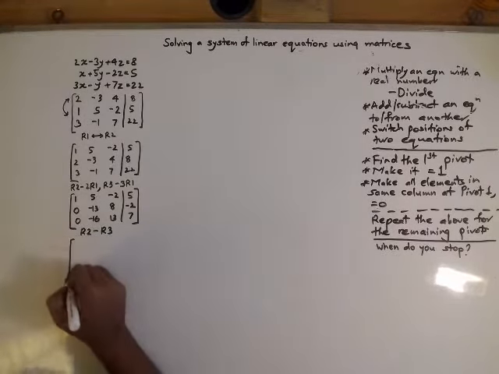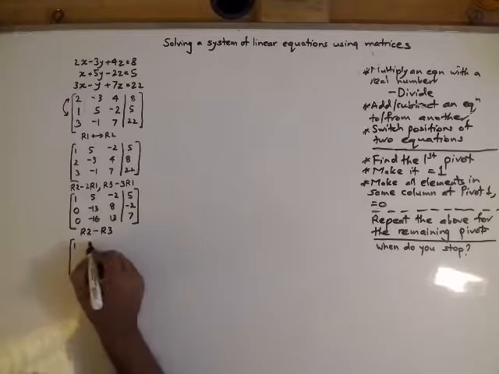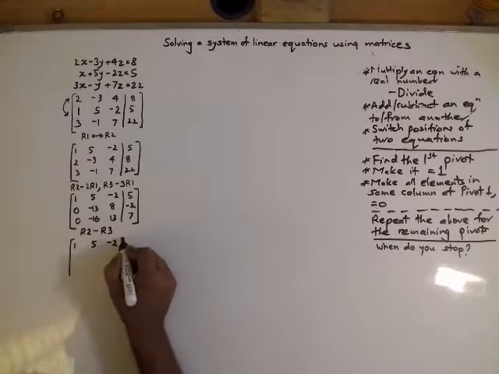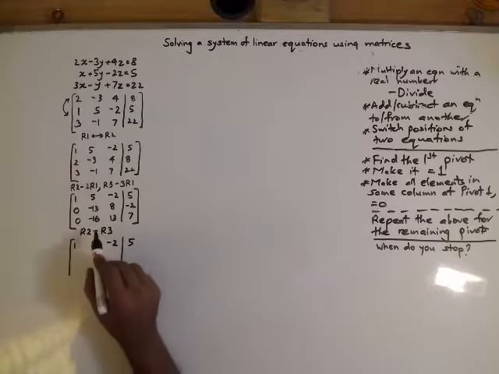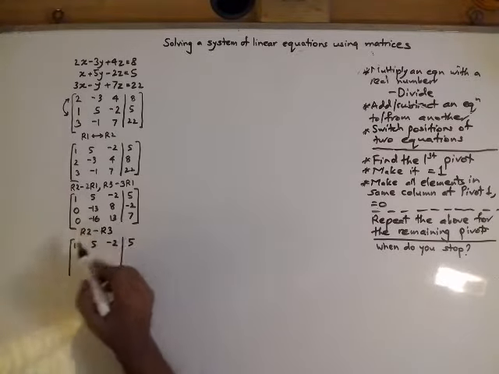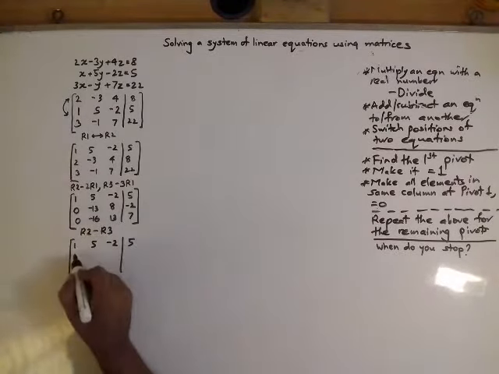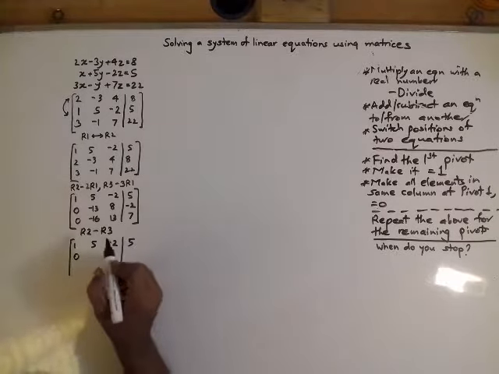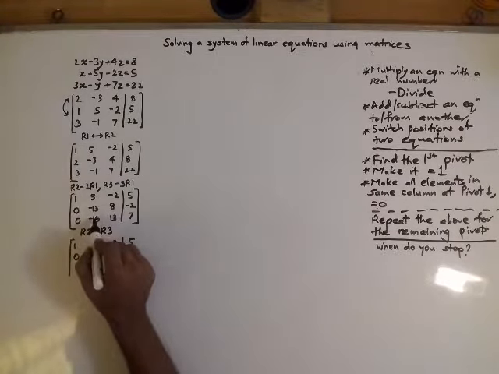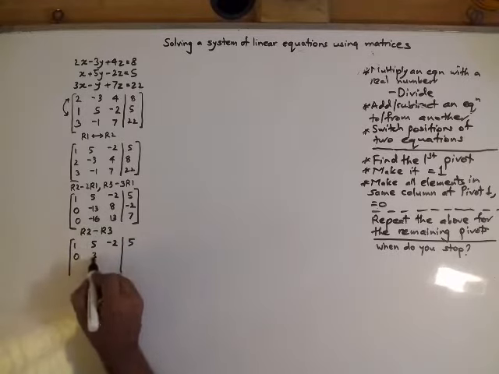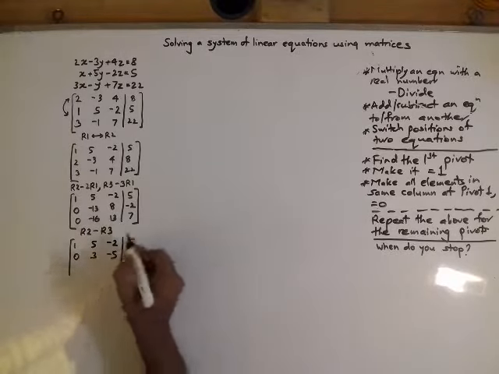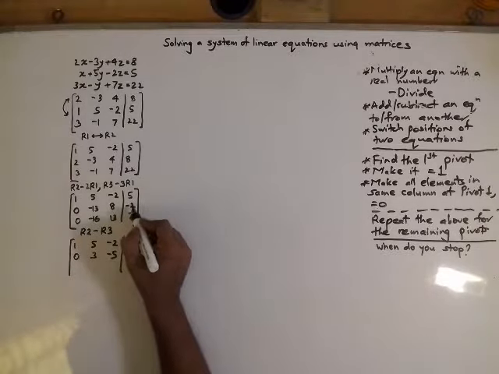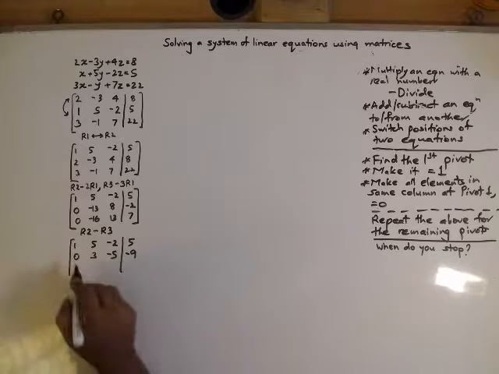So R1 stays as it is: 1, 5, minus 2, 5. R2 minus R3: 0 minus 0 equal to 0. Minus 13 minus of minus 16 would give me 3, and 8 minus of 13 would give me minus 5, and minus 2 minus of 7 would give me minus 9.